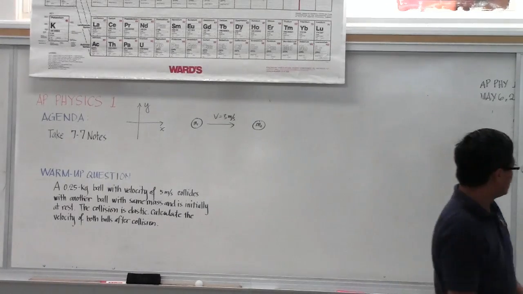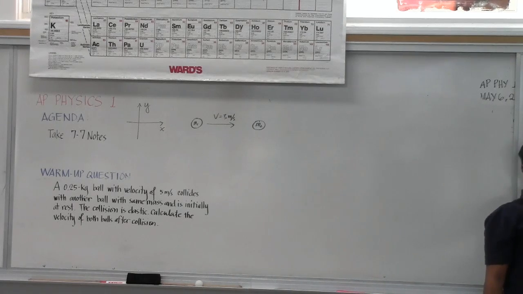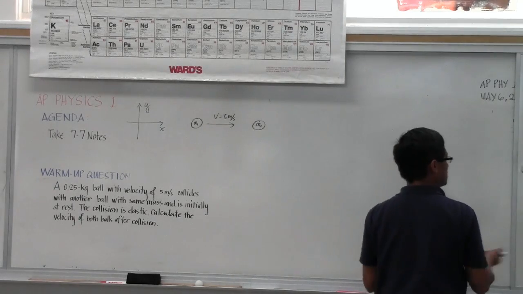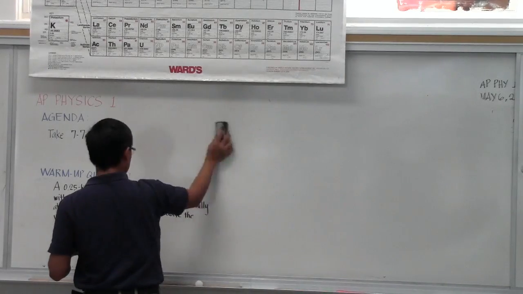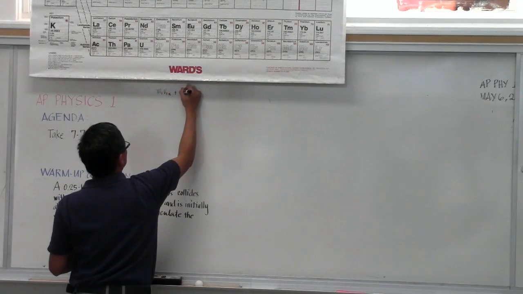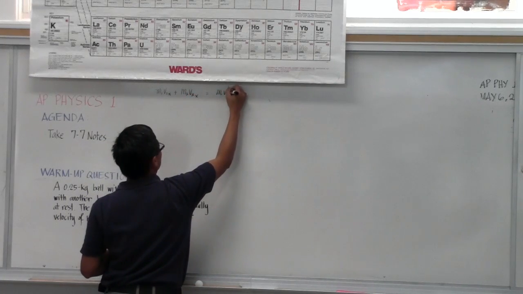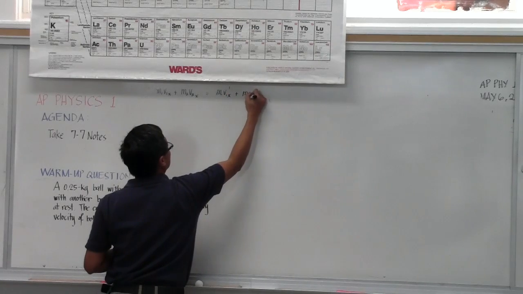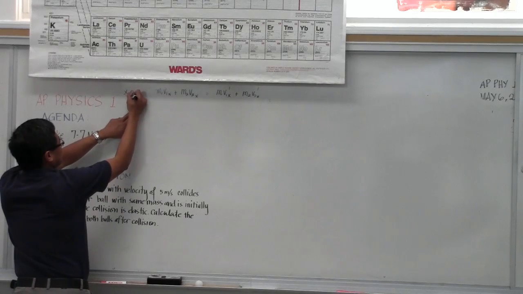Let's try to apply this. The momentum on the x plus the momentum of the second object on the x is just the same, like what I did before. If I were to list this down, it would look something like this: M1 V1 sub x plus M2 V2 sub x is equal to M1 V1 prime x, that's for the x-axis.